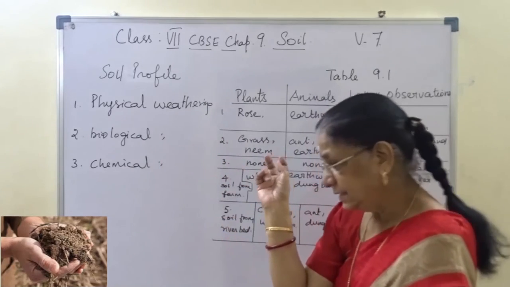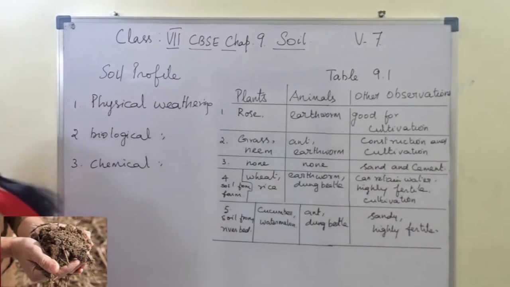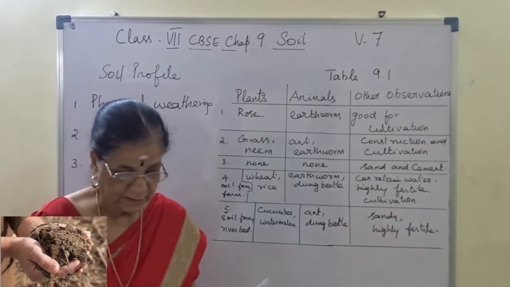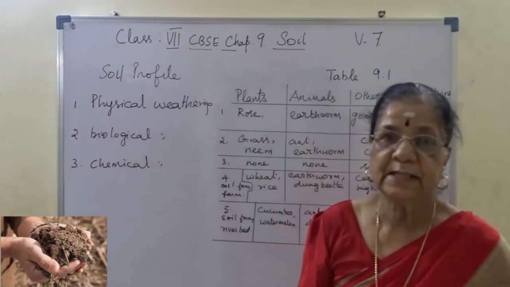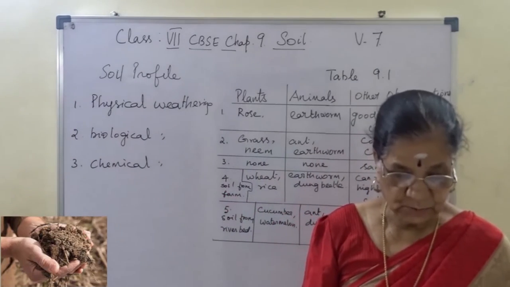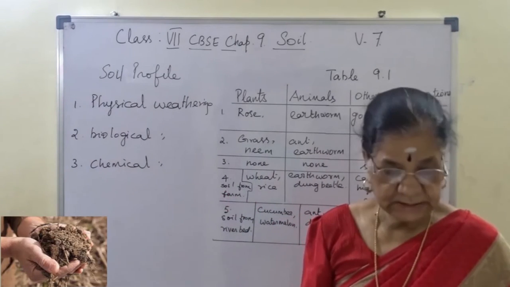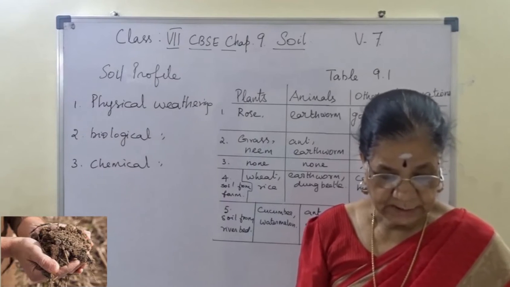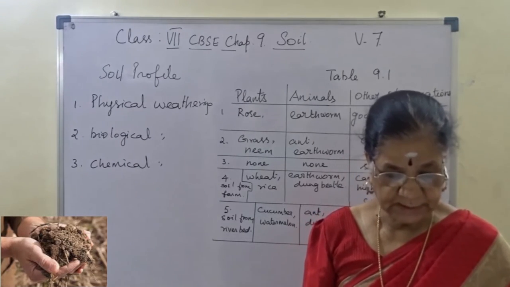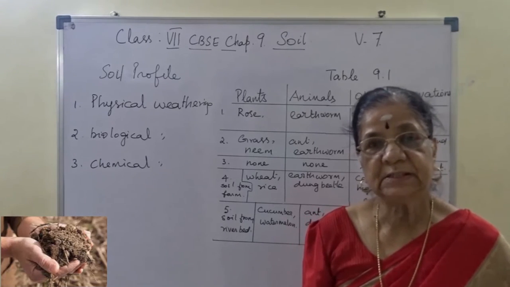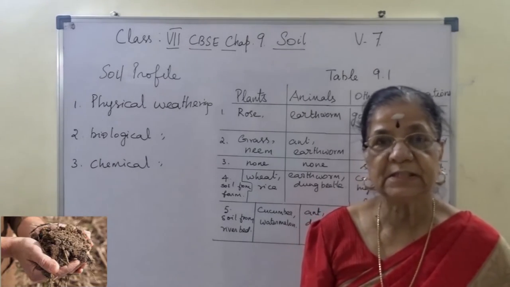So biological and chemical weathering will be affected by the action of wind, water and climate. That process is known as weathering. So the nature of any soil depends upon the rocks from which it has been formed and the type of vegetation that grows in it.